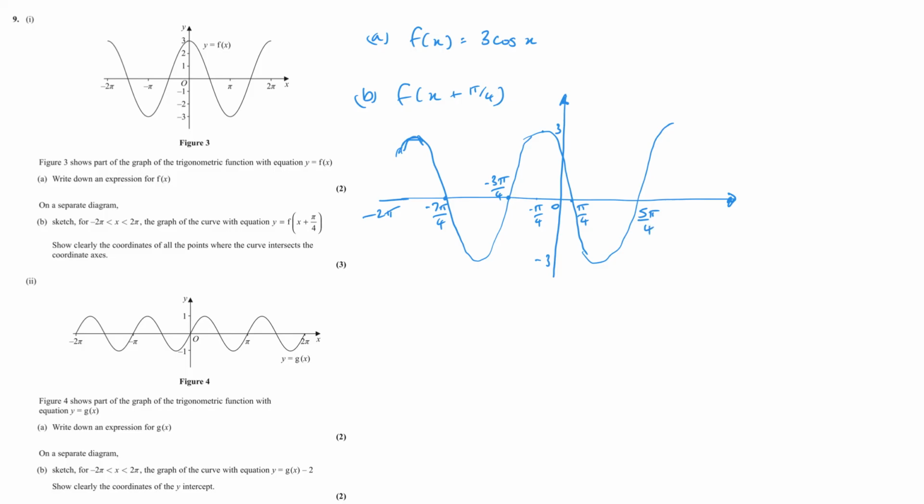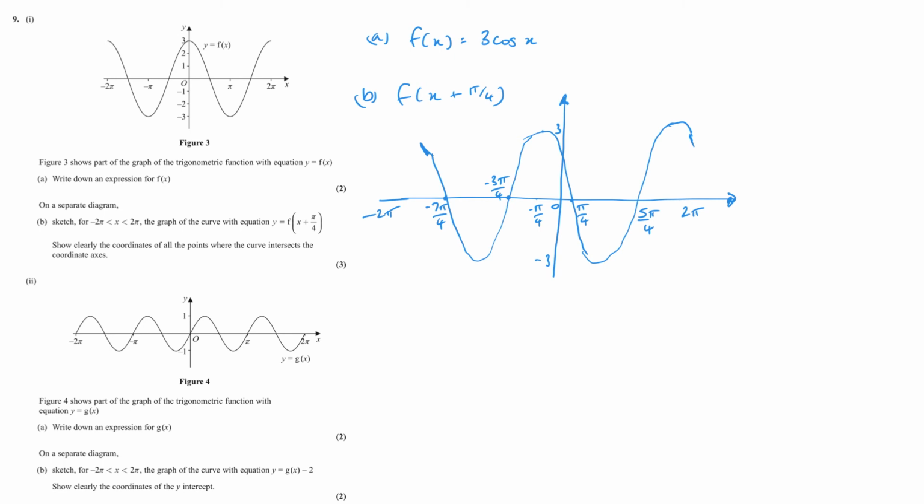Okay, and then we've got 2 pi here. Okay, so moving it over, oh sorry, this will not make a peak again, and this one will peak over that way.